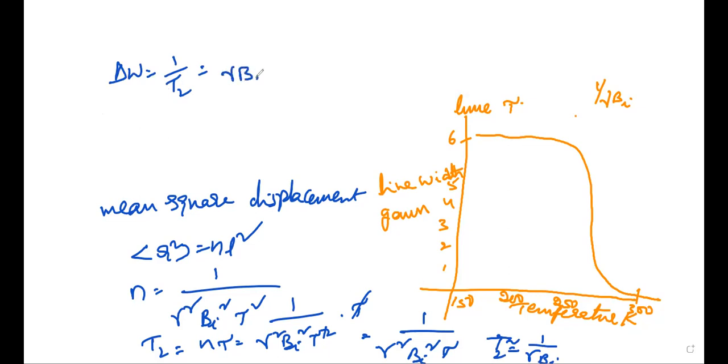That is gamma B_i whole square into tau.